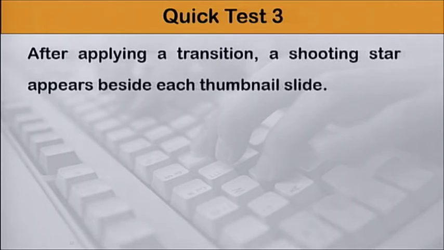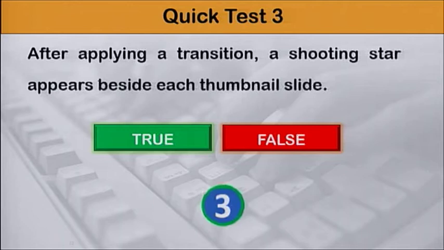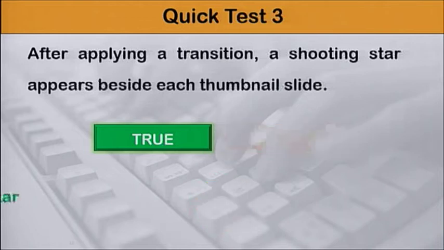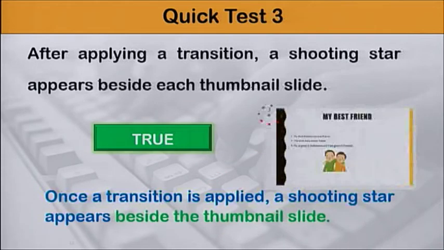Question 3. After applying a transition, a shooting star appears beside each thumbnail slide. Is it true or false? The answer is true, as once a transition is applied, a shooting star appears beside each thumbnail slide.